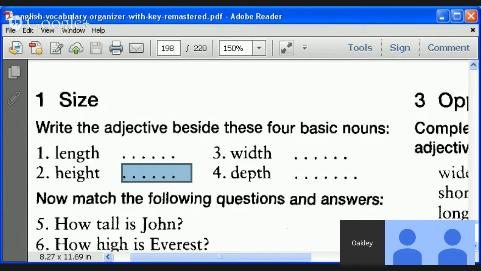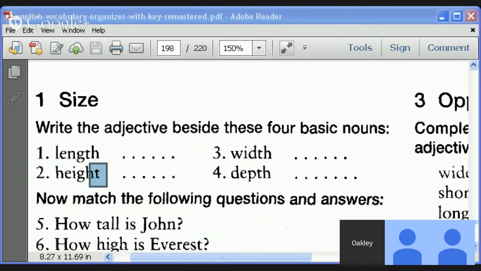Mm, well, let's see if Natalia can help you. So height. So, very close. So high. Just high. We just get rid of the T sound. All right. So length is long, and height is high. It's a very high building, or the bird is very high up in the sky.